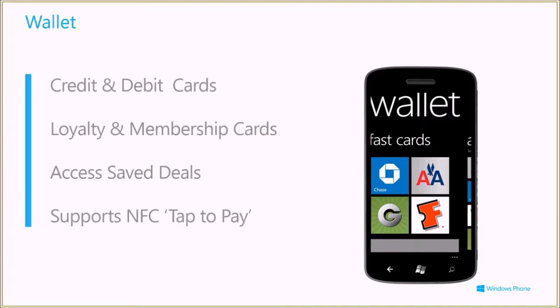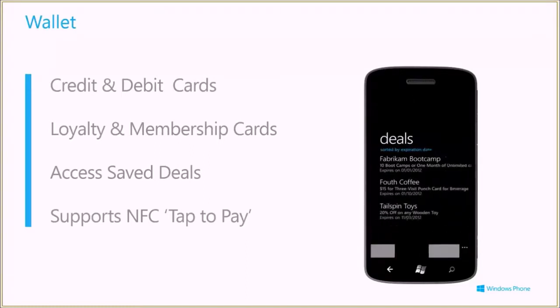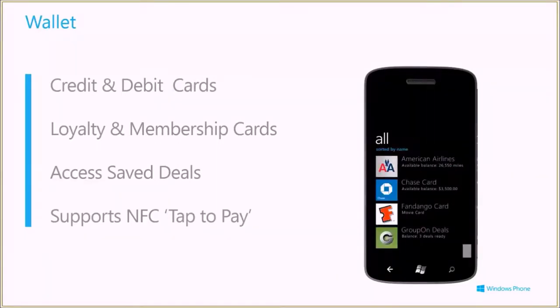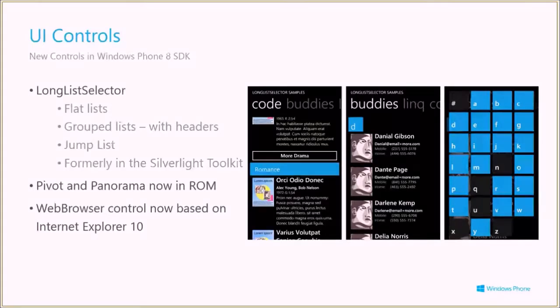If you sort it alphabetically, you can create groups, for example, like romance, if it's a movie or a book related sample, or an application. If you go to your photo hub on your Windows Phone, you can sort by date, and you can jump instead of trying to look where you are. We have a pivot and panorama in the phone, web browser controls based on IE10.